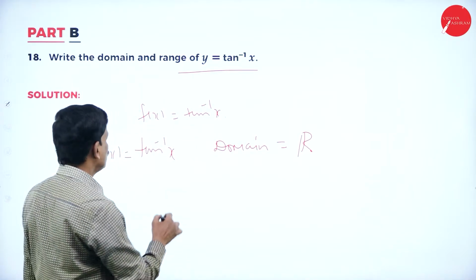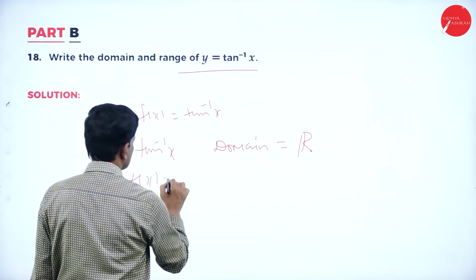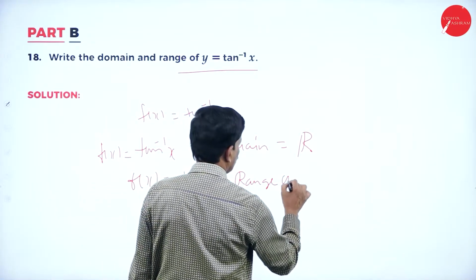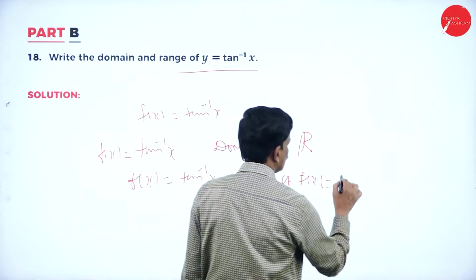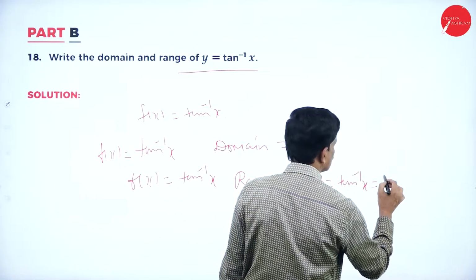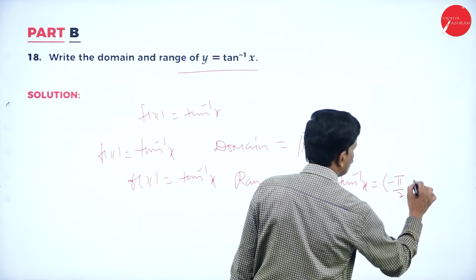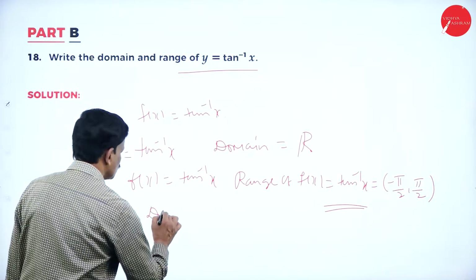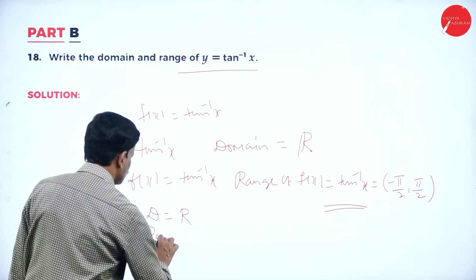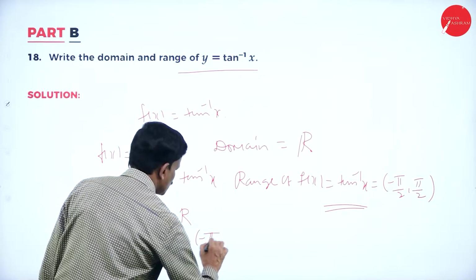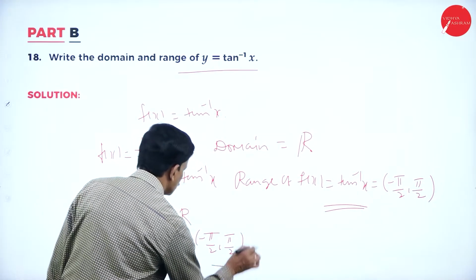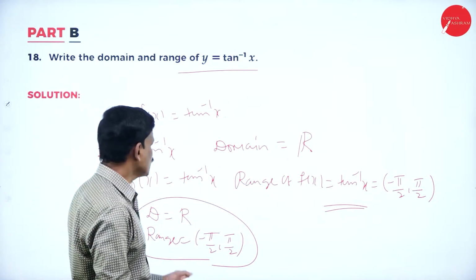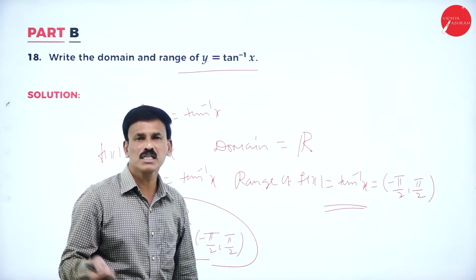Whereas the range of f of x, that is tan inverse x, is equal to minus pi by 2 comma plus pi by 2. So if you write the domain is R and the range is minus pi by 2 comma plus pi by 2, you will get 2 marks.